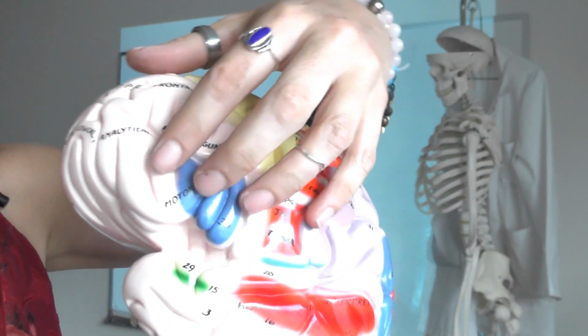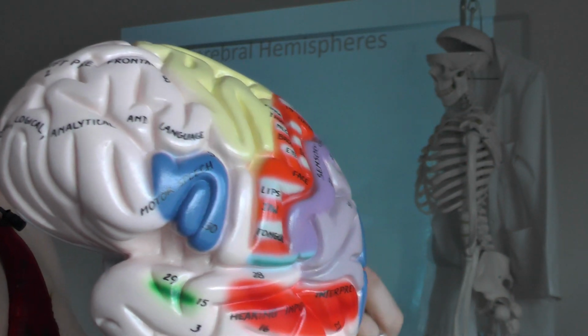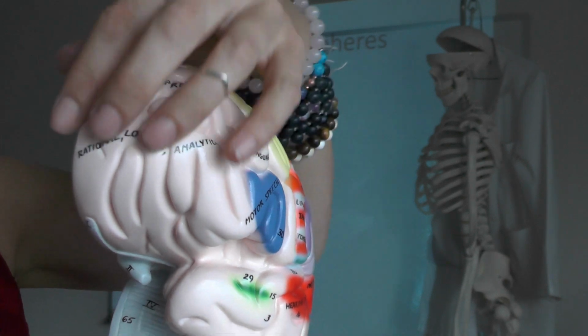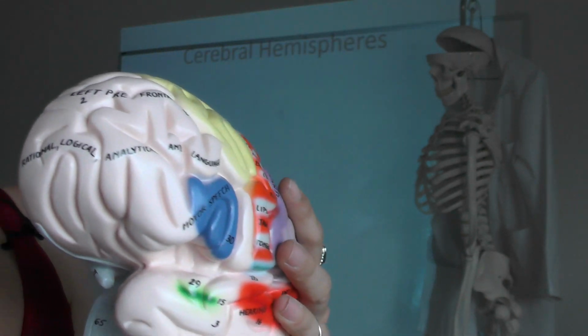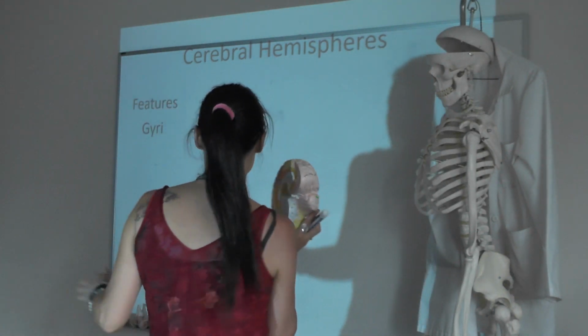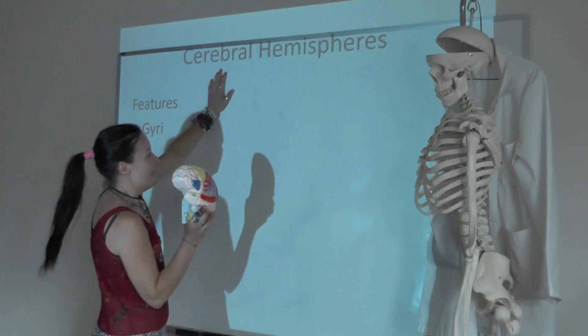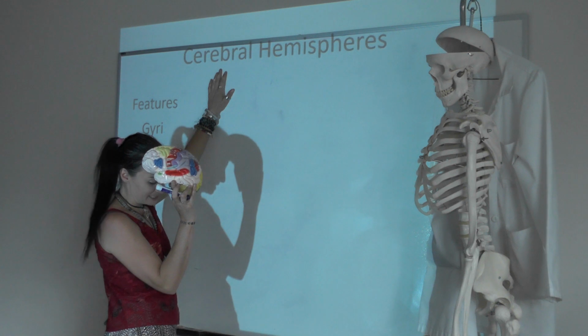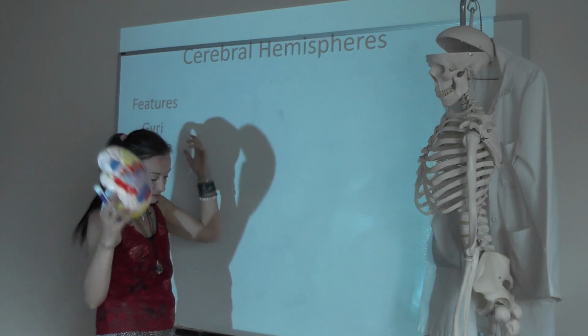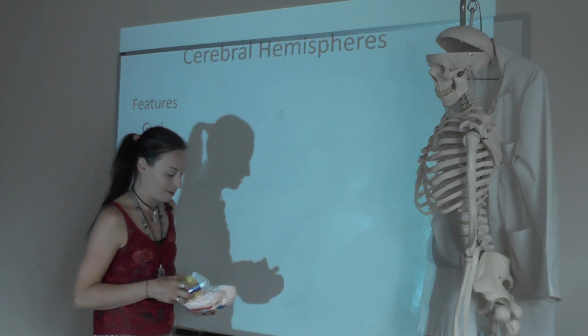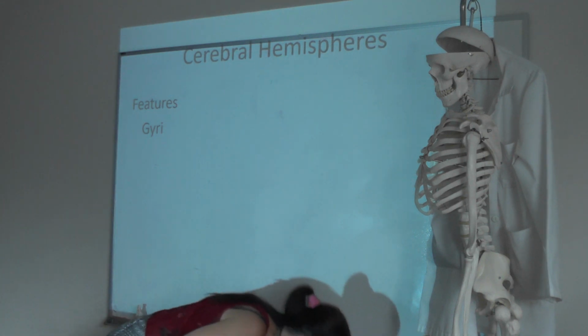So your cerebral cortex out here, this very tiny space of gray matter, is what holds all of the most important parts of you. All of your consciousness is here in your cerebral hemispheres. It's amazing. I love the brain. Nervous system, probably my favorite. I don't know, it's hard.